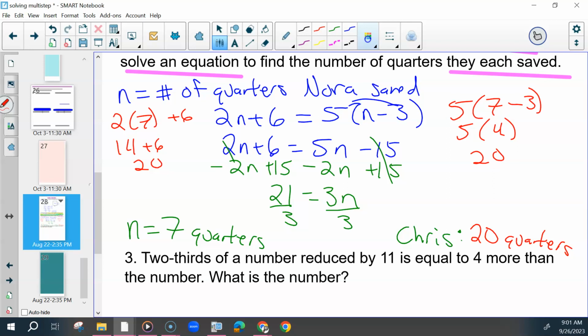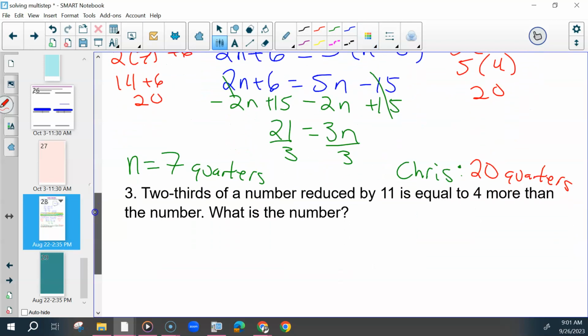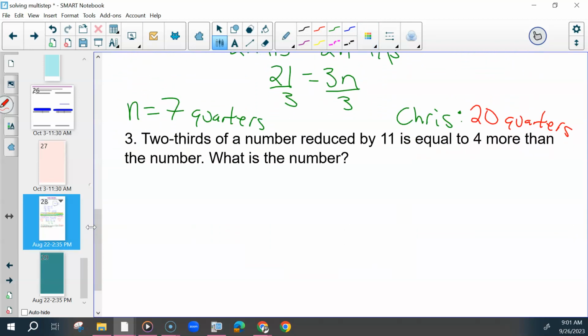You don't need to write what I just put in red, but you can if you so choose. Okay, let's do this last one. 2/3 of a number reduced by 11. Actually, I want you guys to try this last one. So take a couple minutes, try this one, work with the people around you, and then we'll come back and we'll talk about it.